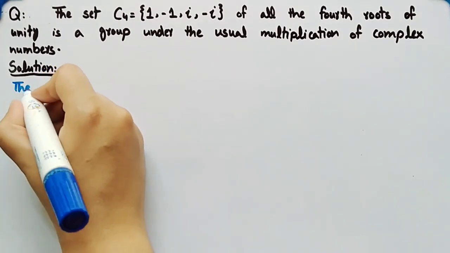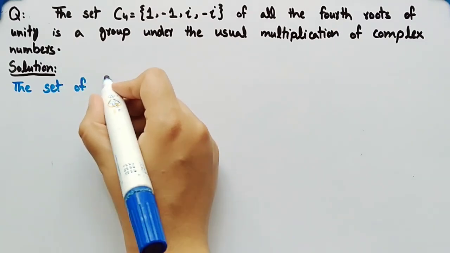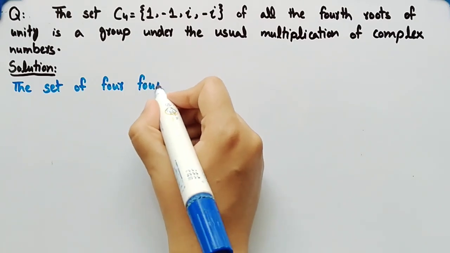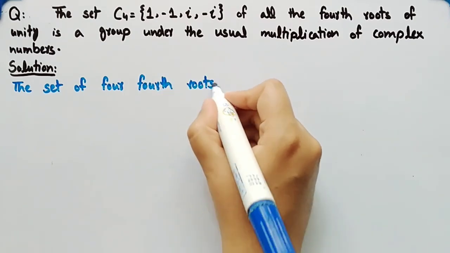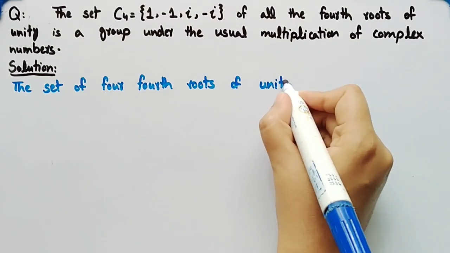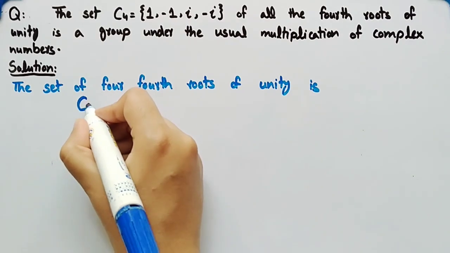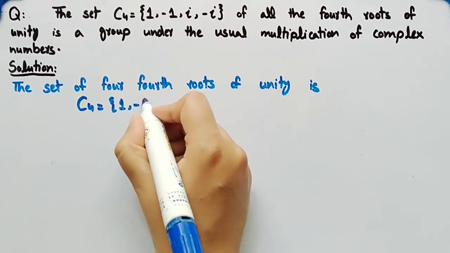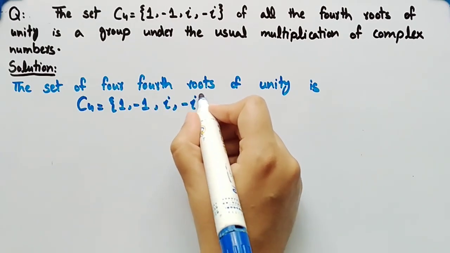the set of fourth roots of unity is C4 equal to {1, -1, iota, -iota}.